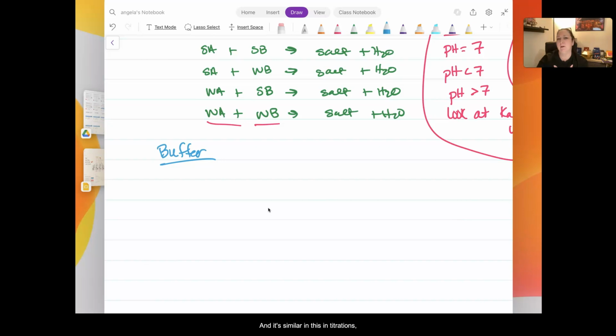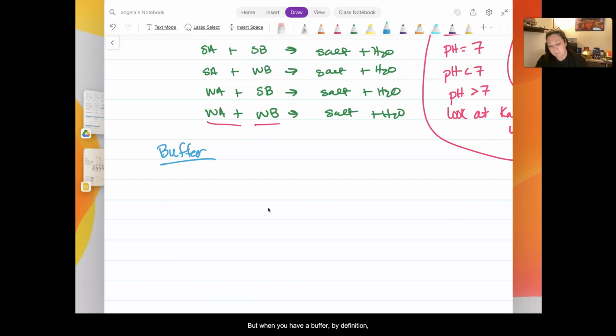And it's similar in titrations, because you remember we don't see such a dramatic change. So buffers calm things down, and graphically I'll show you how to tell where that buffer region is and how you can see it.